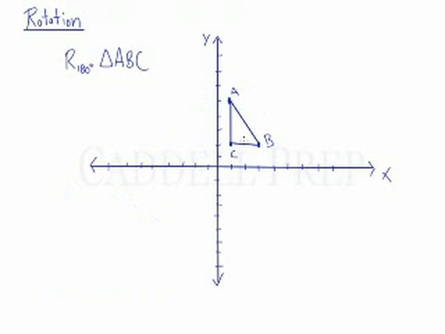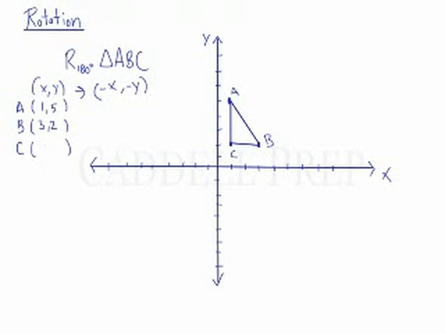Now let's rotate triangle ABC 180 degrees. So again, let's start by writing our rule. The coordinates (x, y) are going to become (negative x, negative y). So let's write down our coordinates of triangle ABC. For A we have (1, 5). For B we have (3, 2).